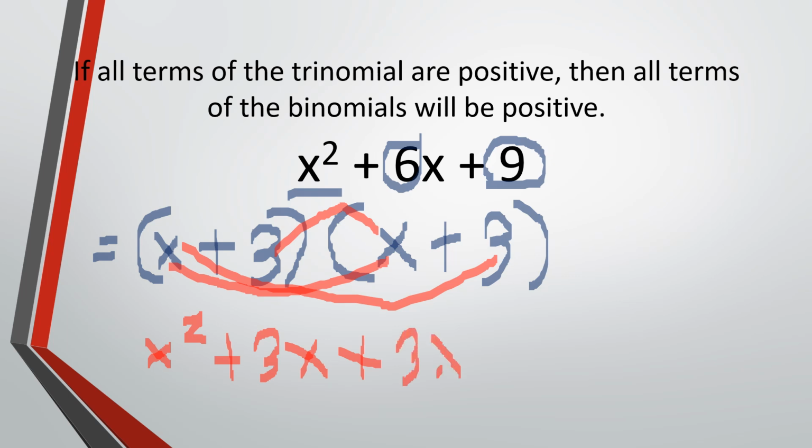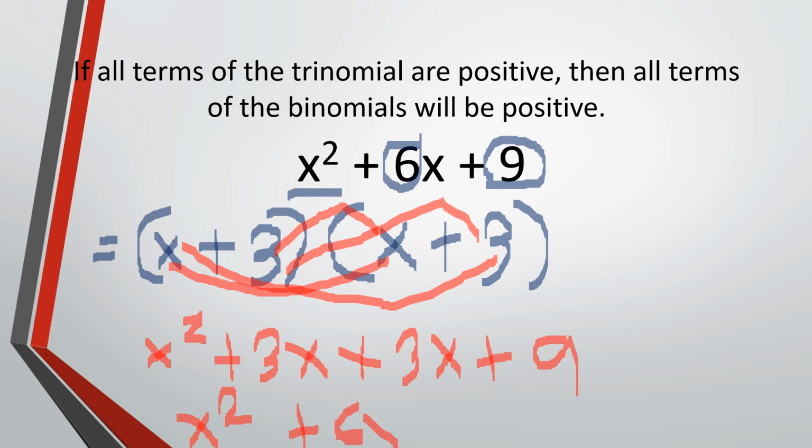And positive 3 multiplied by positive 3 is positive 9. Bring down the first term. Combine the middle terms: positive 3x and positive 3x give positive 6x, and then bring down positive 9. Therefore, our factored form is correct.